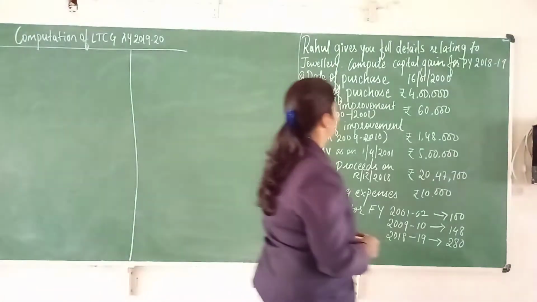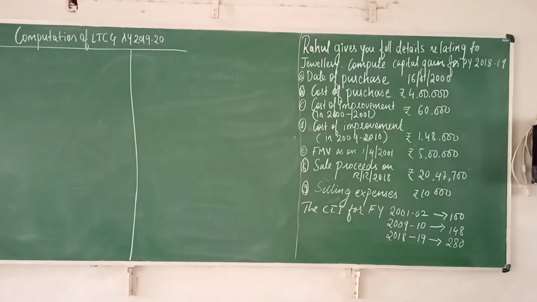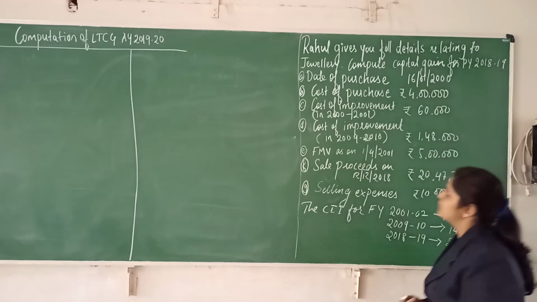Here we are given the date of purchase, that is 16/1/2001. Cost of purchase of capital asset is also given to us, that is 4 lakh. Then cost of improvement of the asset which is done in the year 2000 and 2001.